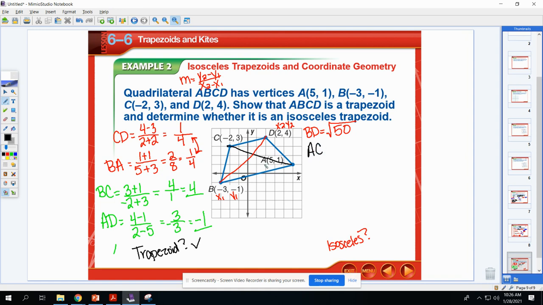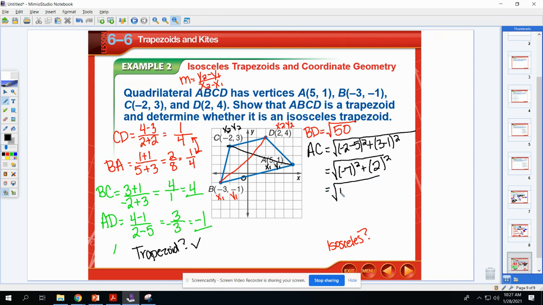Now let's go ahead and find AC. I'll say A is my x1, y1, and C is my x2, y2. Throw that in our distance formula. So starting off, x2 minus x1, negative 2 minus 5, squared, plus y2 minus y1, 3 minus 1, squared. Negative 2 minus 5 gives us negative 7 squared, and 3 minus 1 gives us 2 squared.